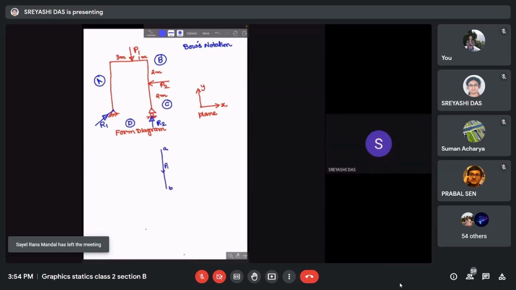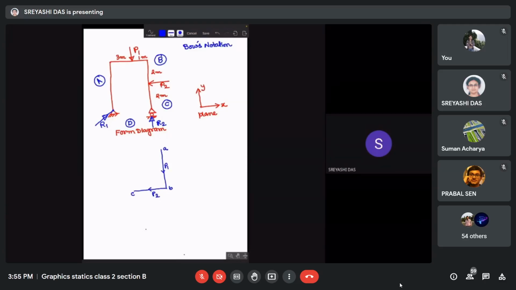Now BC. The BC force is a horizontal force acting in the left direction. So this is c, and this is P2. Here we are drawing the force polygon.